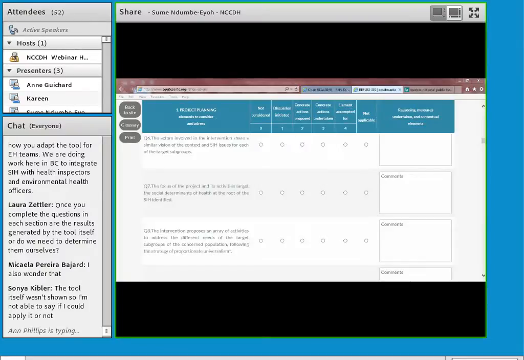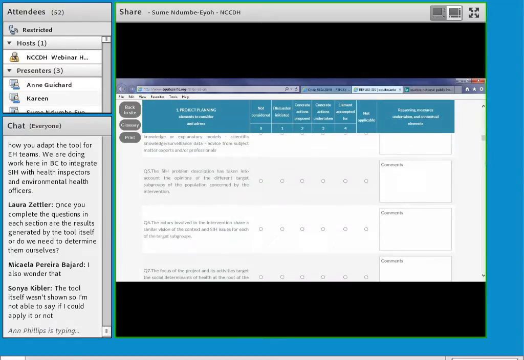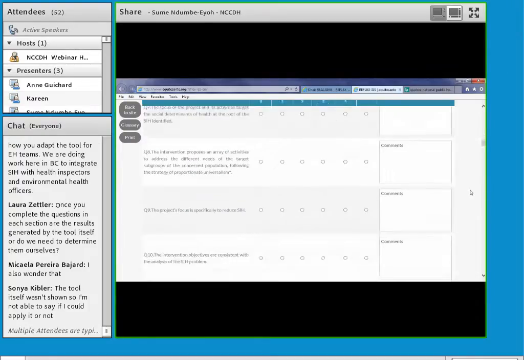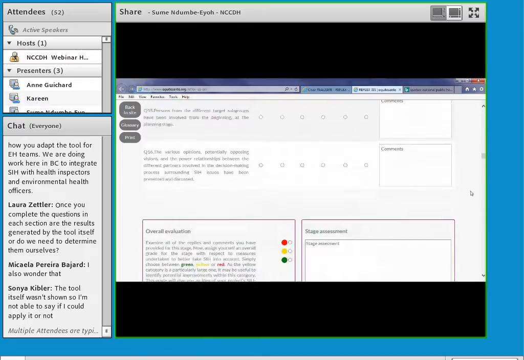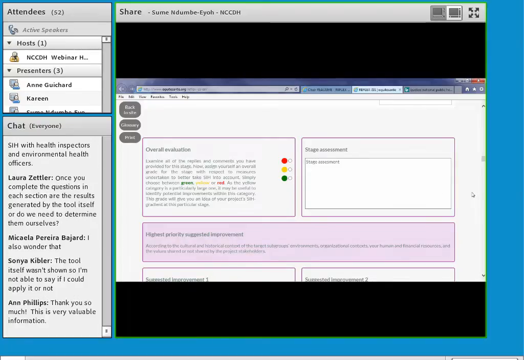Let's go here. Okay, we're back on the tool. So, Reflex-ISS is not a measurement instrument, so we don't want to give good or bad marks. At the end of each section, you have a red, yellow, or green card, and you can do an estimation of your evaluation, of your analysis.